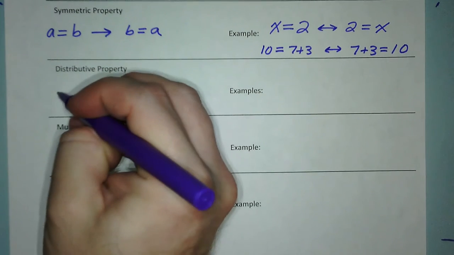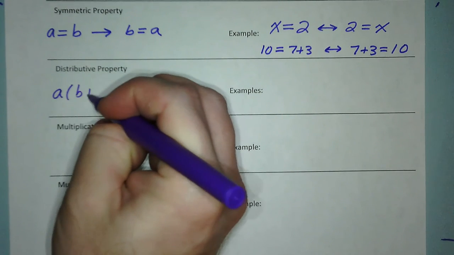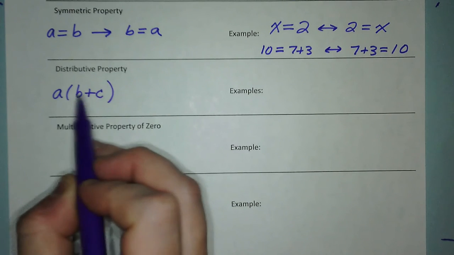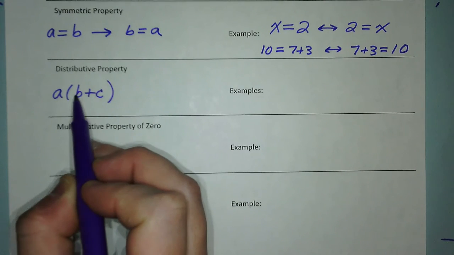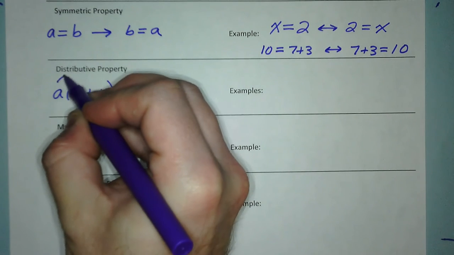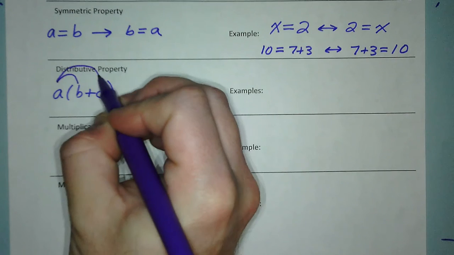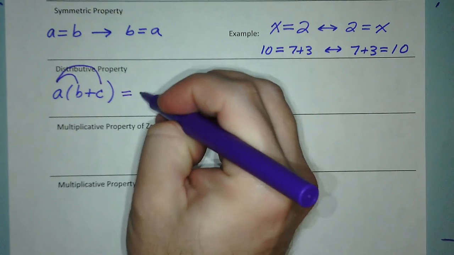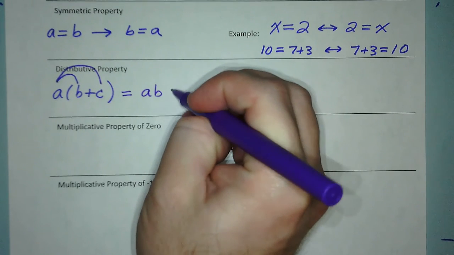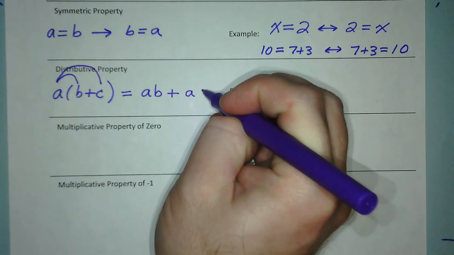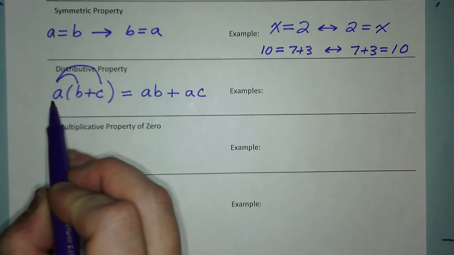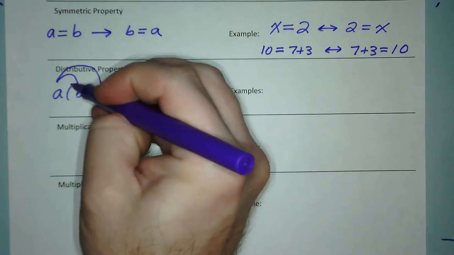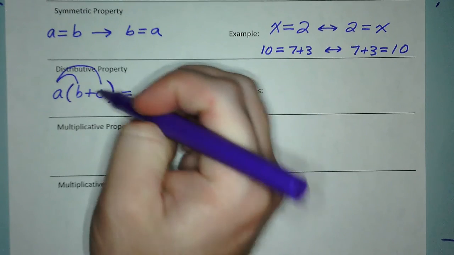Anyway, the distributive property, I'm thinking you guys know this. When you have some number A out here being multiplied to this quantity of B plus C, you can multiply the A to both the B and the C, and it equals A times B plus A times C. The A is being multiplied to the B and the C at the same time because it's outside these parentheses.